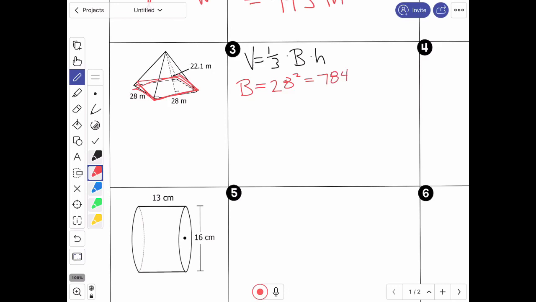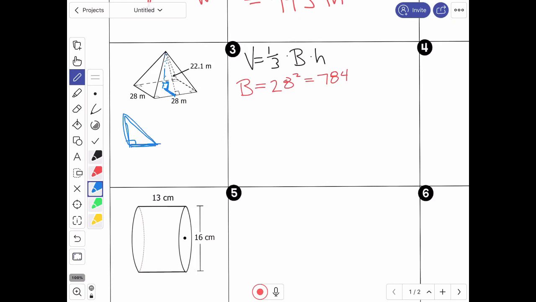My height is actually going to be inside this pyramid, so we don't actually know it. If I were to draw a dotted line that goes all the way to the middle and then juts out to one of the sides of the base to make that right angle, I would have a right triangle within that pyramid.